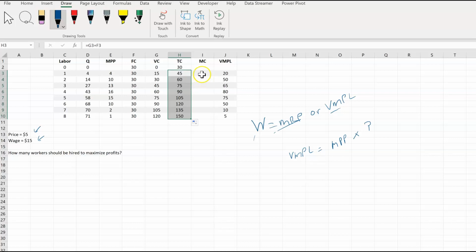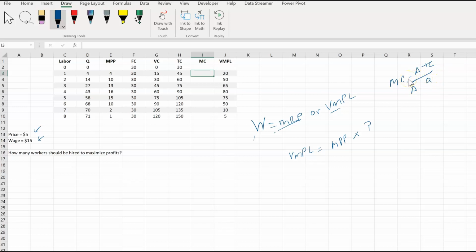Okay, now marginal cost is the change in total cost over the change in output. So let me just write that down. Marginal cost equals change in total cost over the change in output.